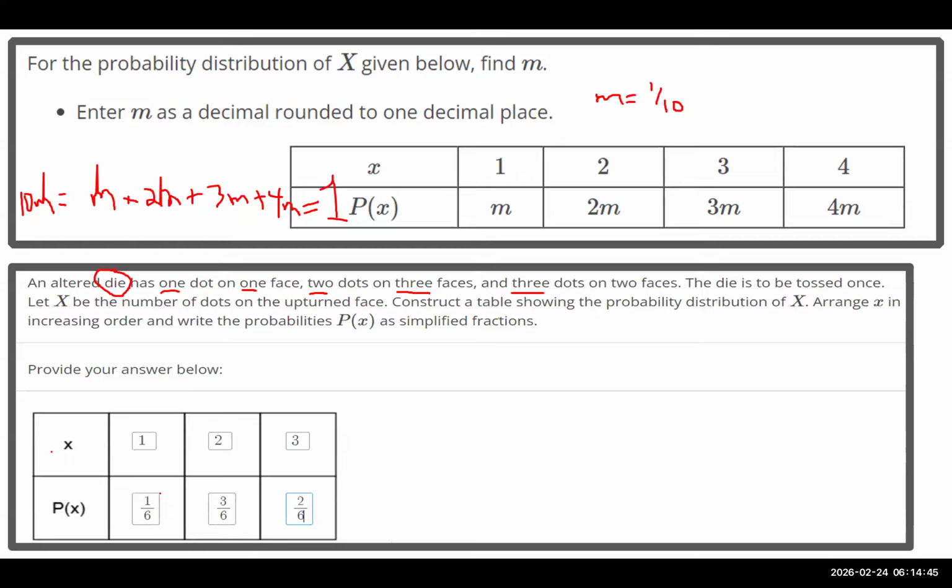So there's a 1 in 6 chance that it has 1 dot. And then there's 3 out of 6 chances that it has 2 dots. And then the remaining 2 faces of the 6-sided die have 3 dots. And so this is how you would fill that in.